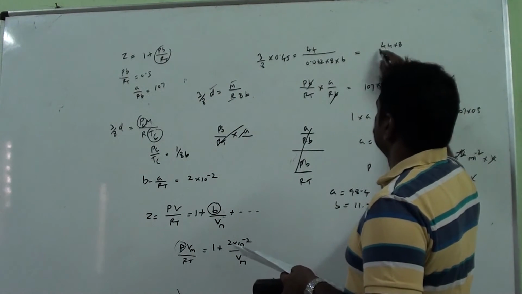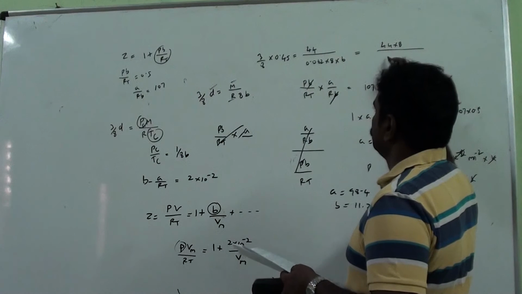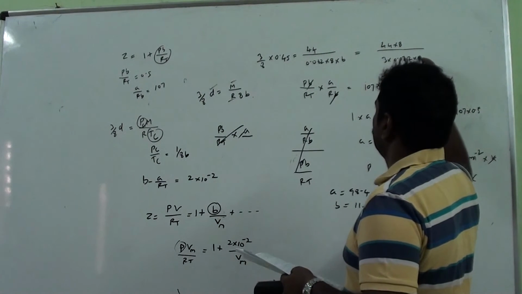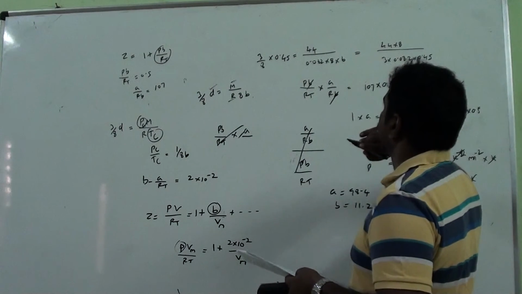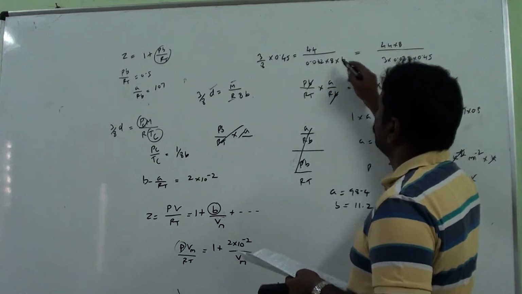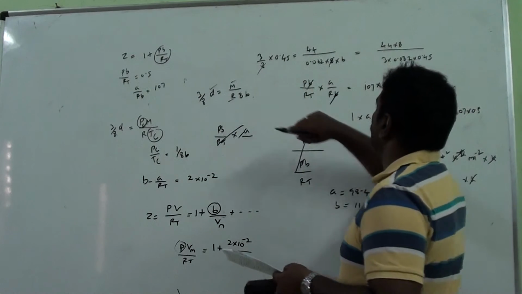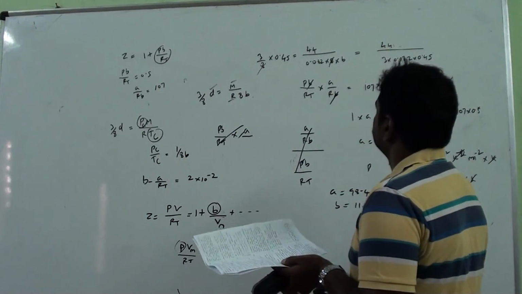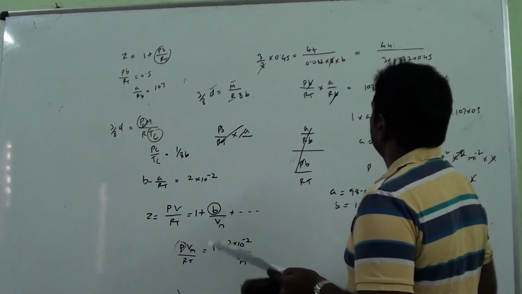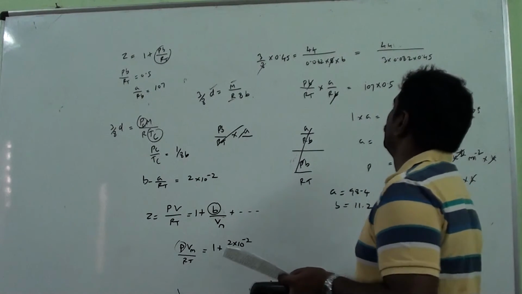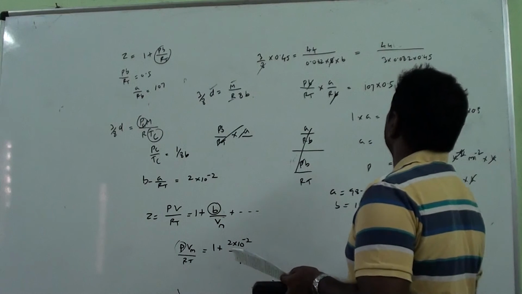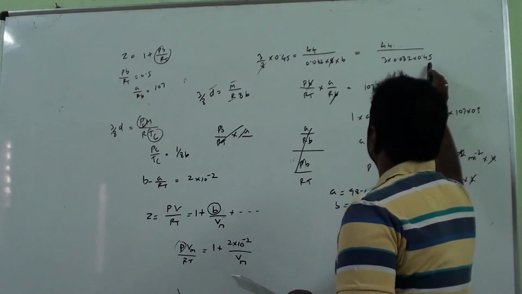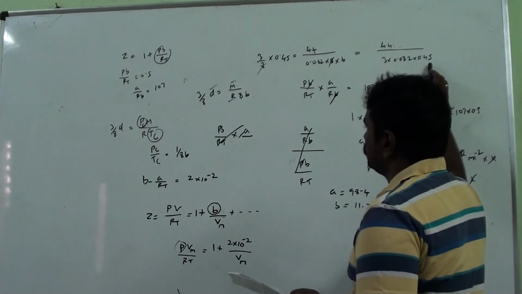So 44 into 8. 3 into 0.4, the 8 cancels. 44 by 3 into 0.4 gives 396.397, sir. Is this b? Yes, sir.